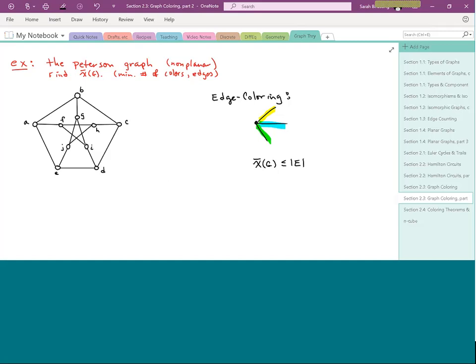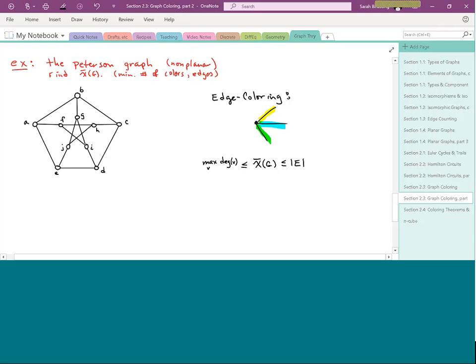What's the absolute smallest number that you could get, before you even look to see how the edges are connected? This would be analogous to that omega of G when we're dealing with a coloring of vertices. That would be the degree of your vertices. Now, in our case, all of our degrees are the same. So for us, 3 would be the fewest colors we're allowed to use. But in general, it's actually the largest degree you have in your graph.